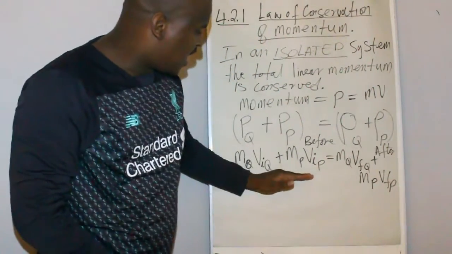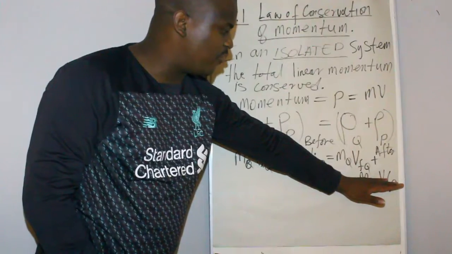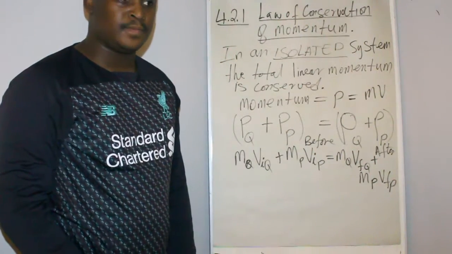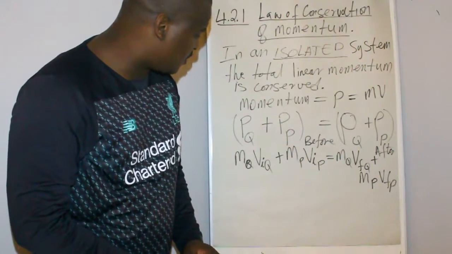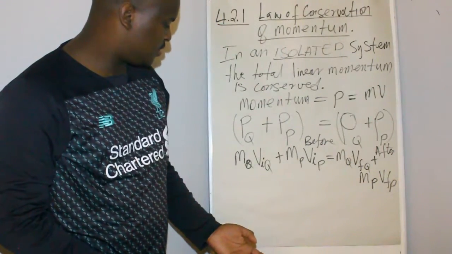So this is the sum of momentum before collision, and that is the sum of momentum after collision. To continue with this, the only thing that is left for us to do is to substitute.